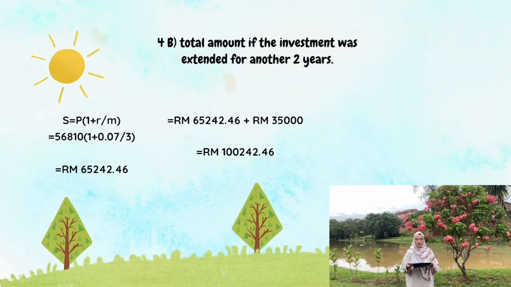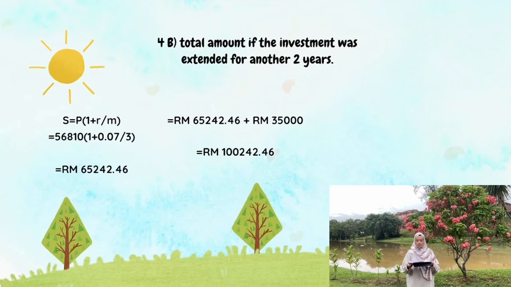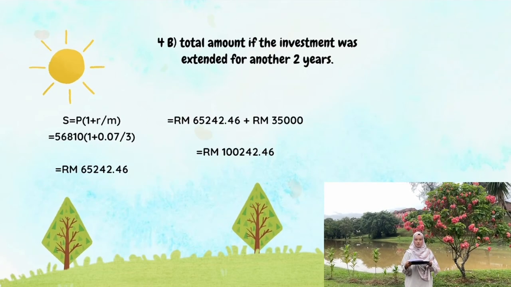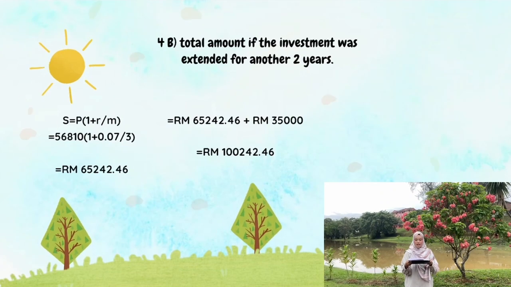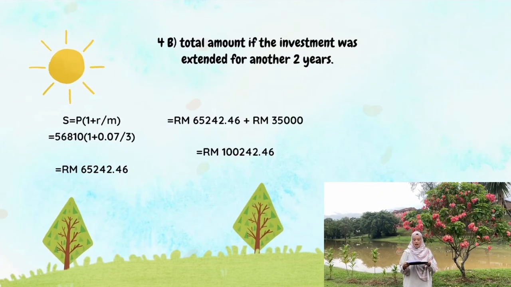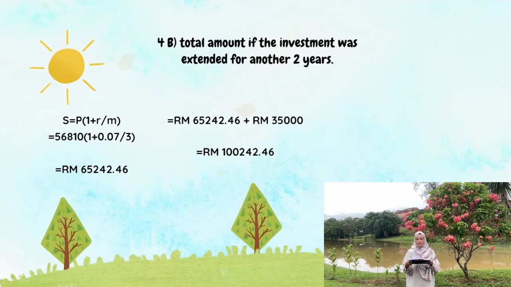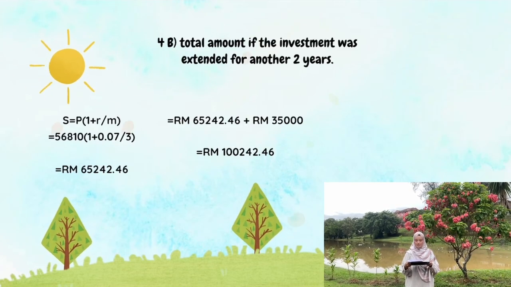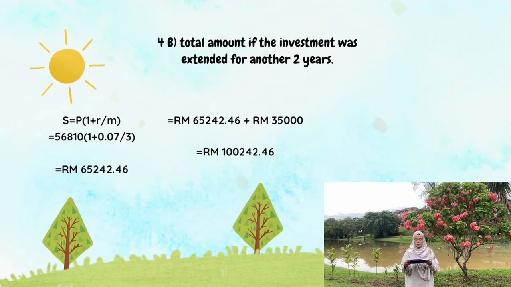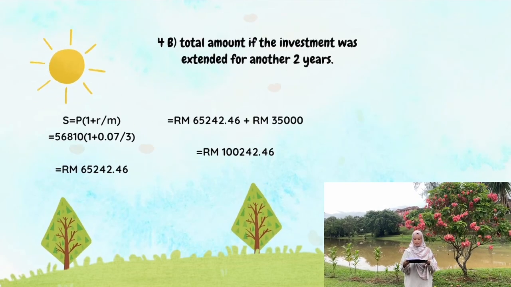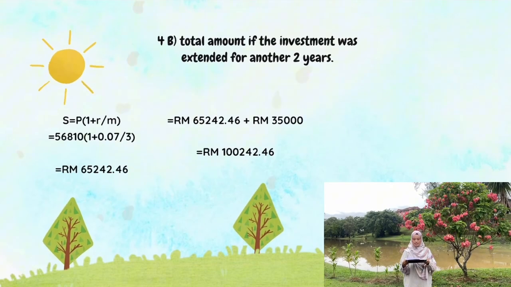We change the power of T, 3 multiplied by 2, and get 65,242 ringgit and 46 cents. After that, we need to add the first face value 35,000, and we get 100,242 ringgit and 46 cents.